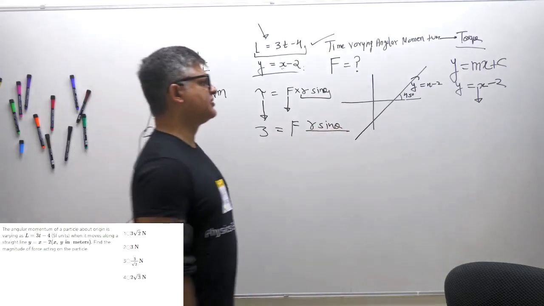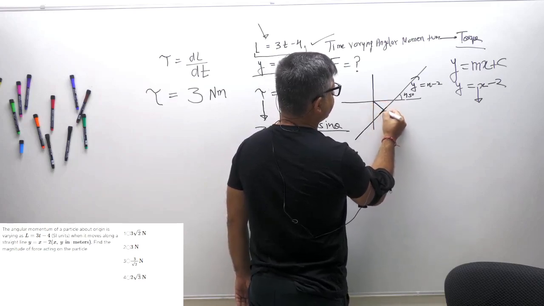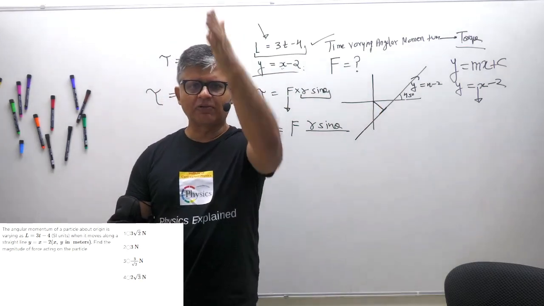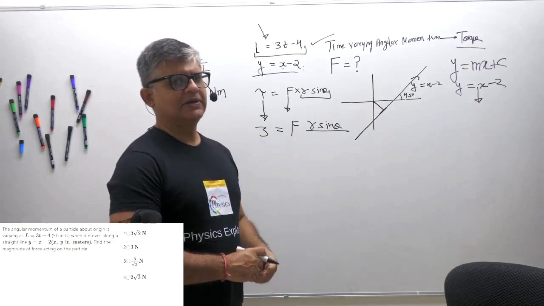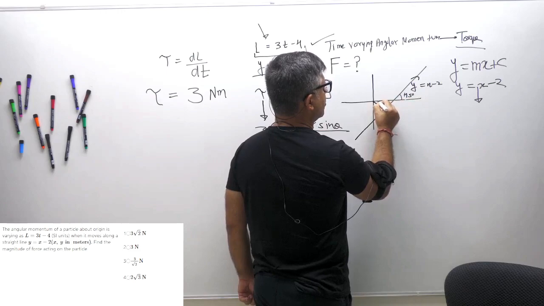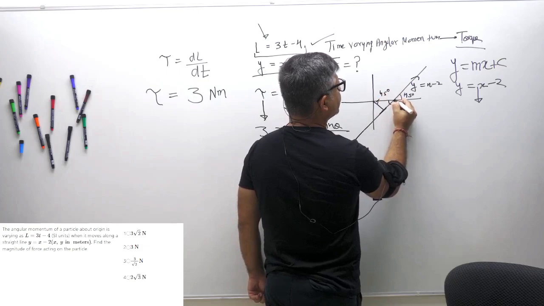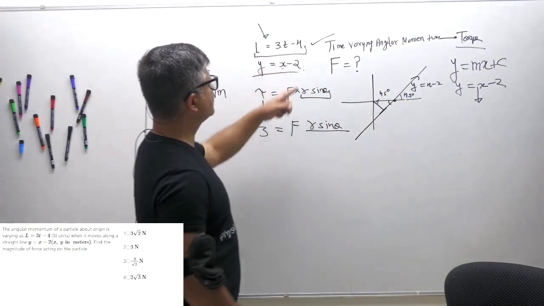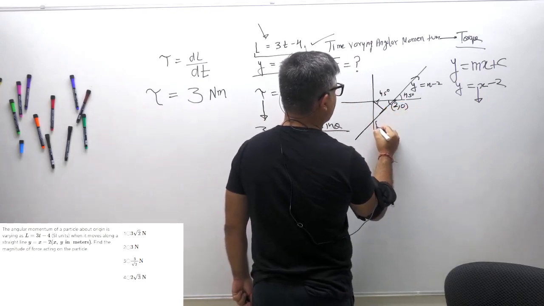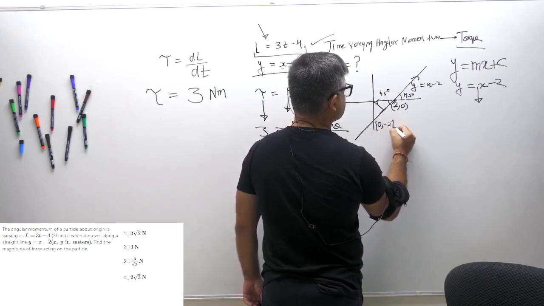What is my axis of rotation? My axis of rotation is this. Let me calculate the perpendicular distance. If you're given a point and you have to calculate the perpendicular distance, how do you do that? This is also 45 degrees, this also is 45 degrees. The coordinates of this point are 2 comma 0, and the coordinates of this point are 0 comma minus 2.